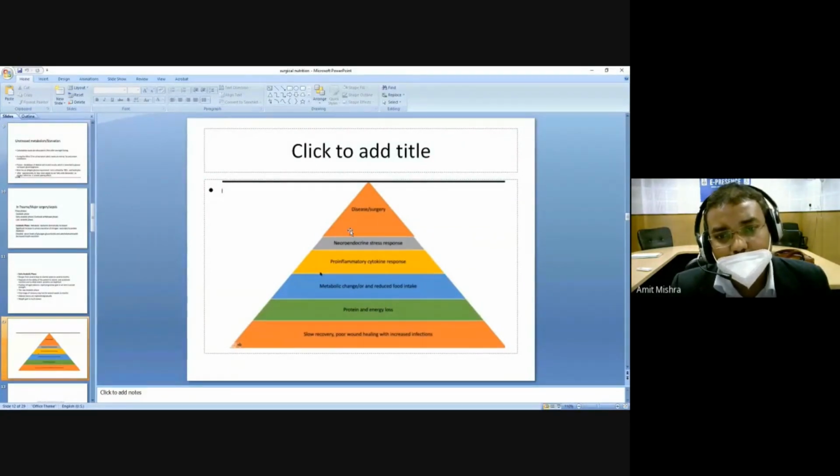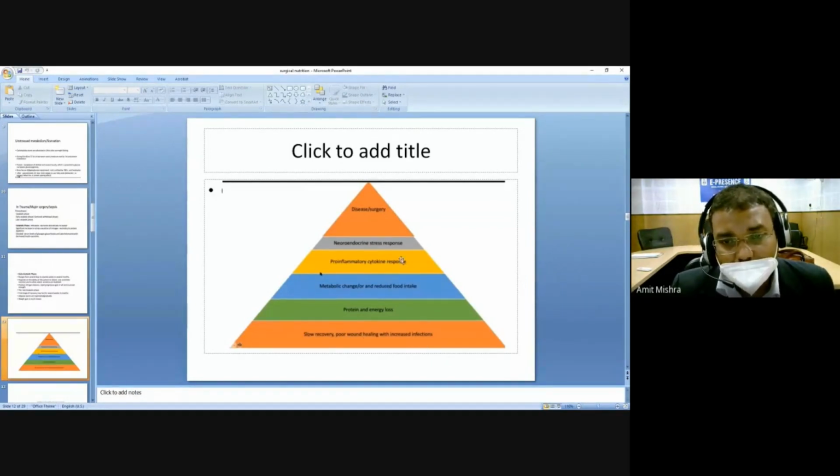I am repeating the importance of nutrition: nutritional insufficiency can lead to slow recovery, poor wound healing, and increased infection rate. Apart from nutrition, there are other factors we discussed, like organ dysfunction, surgical stress, pain, and fluid excess, which can also lead to slow recovery, poor wound healing, and increased infection.